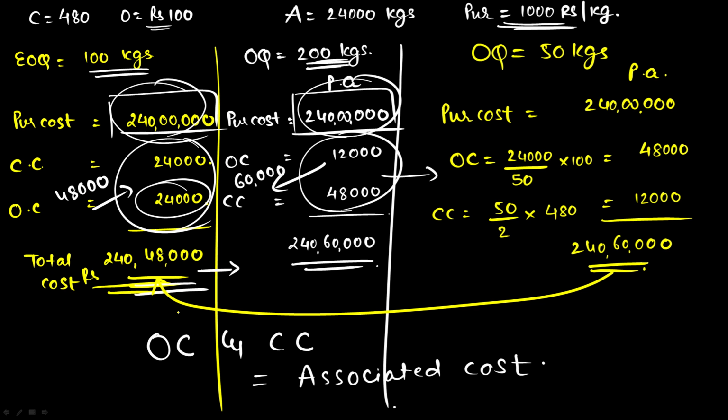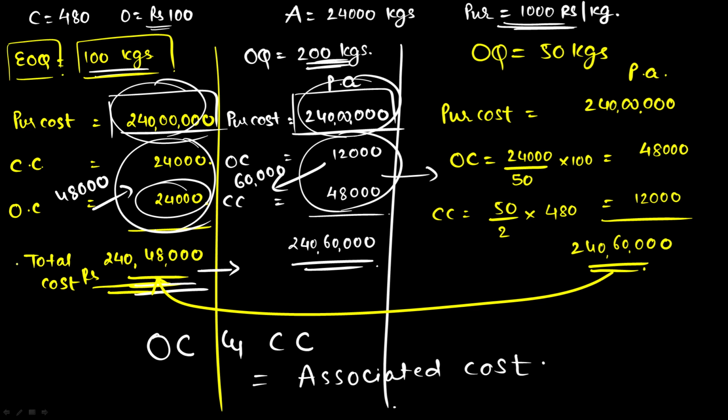So by taking this many samples, we can prove that this 100 kgs is the ordering quantity which is the cheapest, most economical. Hence 100 kgs we will prove to be the economical ordering quantity.